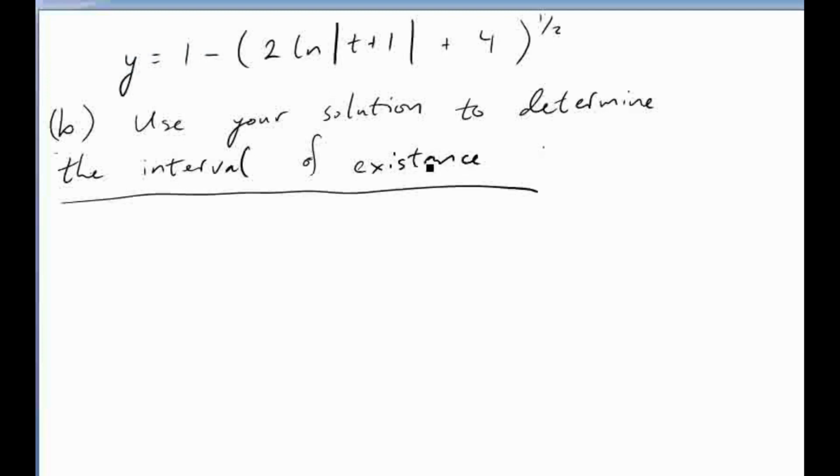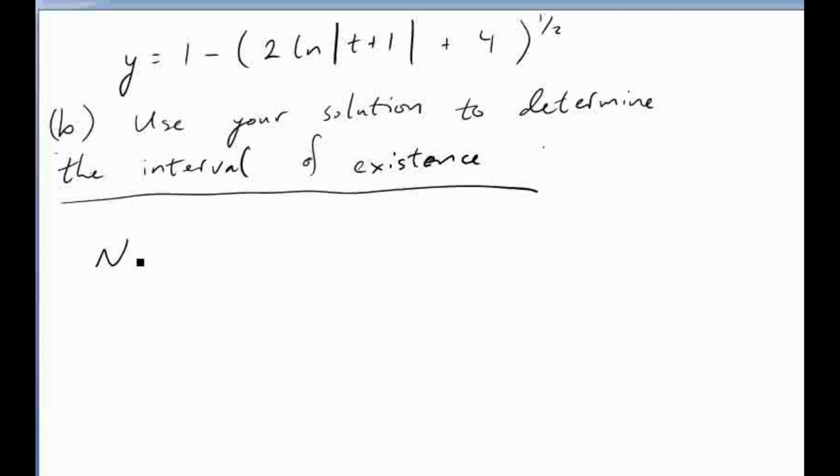And so let's just actually see when this is going to be defined. In order for this to exist, we need the answer to be a real number. And if we look at this, we've got a square root of a number.